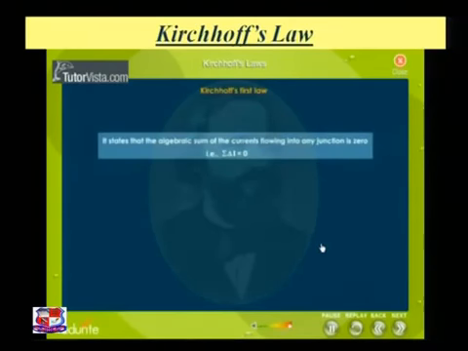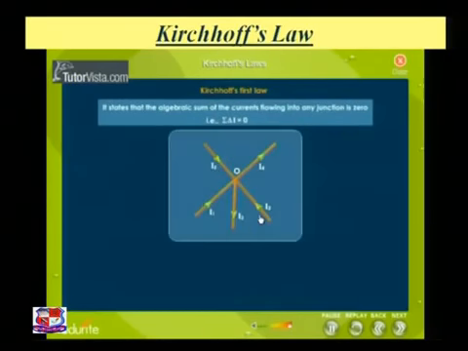According to Kirchhoff's current law, we already learned that sigma I in equals sigma I out. See the figure. Here I1 enters, I2 leaves, I3 enters, I4 leaves and I5 enters at the node O. The inward current is taken as a positive sign and the outward current as a negative sign.